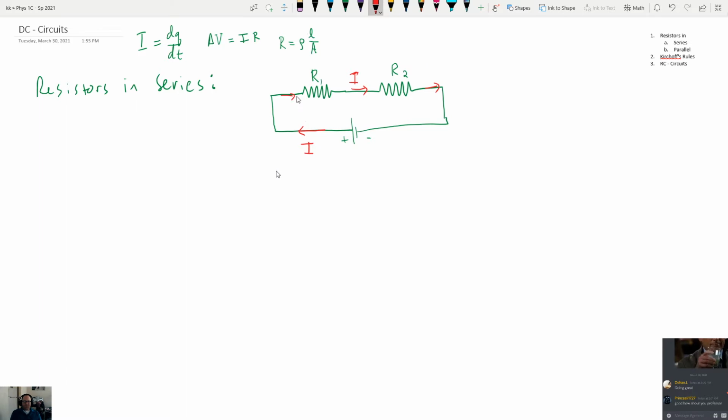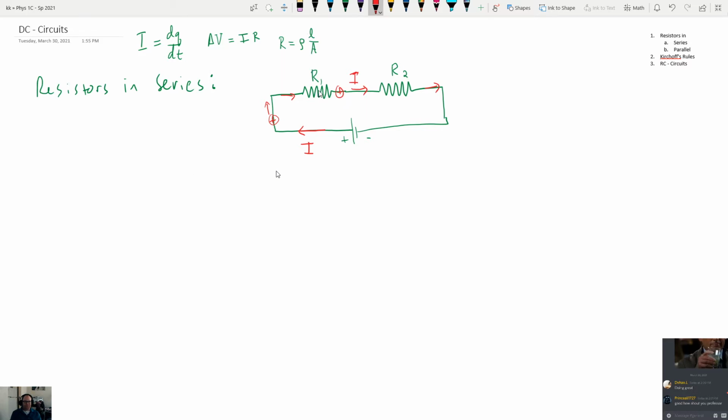But now, we can think about what happens in either one of these resistors. When we say that there's current flowing in the system, that means that there are little tiny charge carriers that are flowing around the circuit. So, for example, if we pretend that the charge carriers in our circuit are positive, then we can imagine a charge coming up this direction, going through here, passing through this resistor, and then coming out the other side right here. And for every charge that flows in the left side of the resistor, it also has to flow out the right side of the resistor.